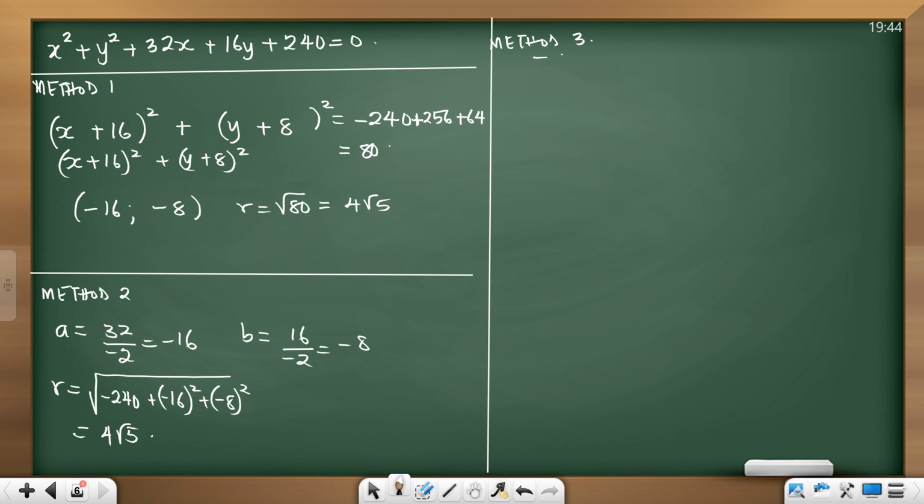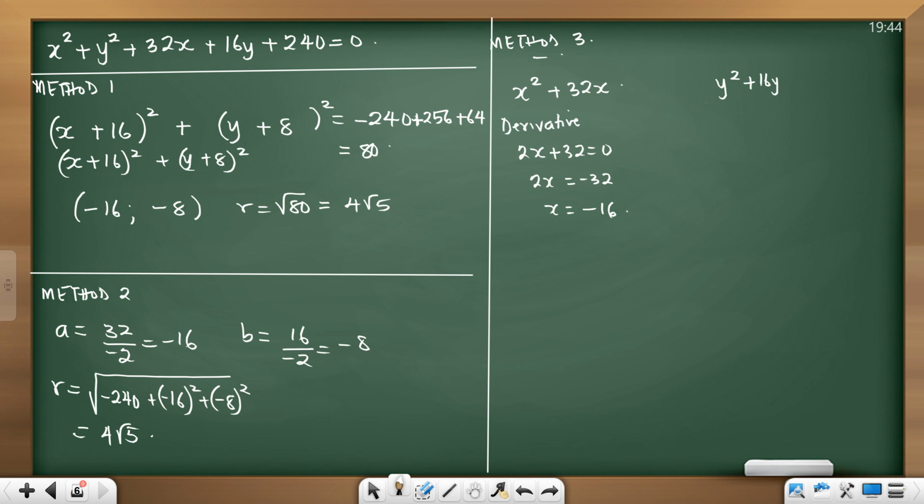Method 3. We derive x squared plus 32x. Let's work with this. Let's take the derivative. What are we going to get? 2x plus 32 equals 0. 2x equals negative 32, and x is negative 16. What about the y? y squared plus 16y.